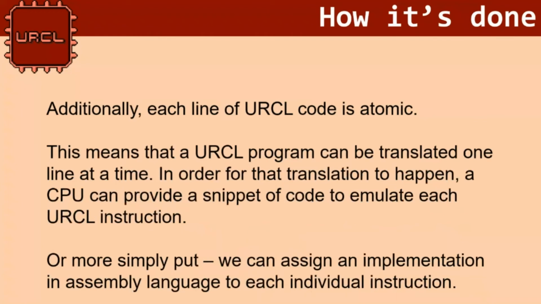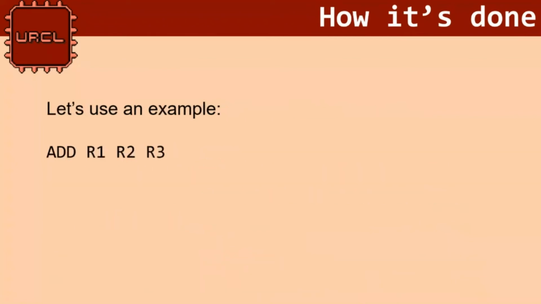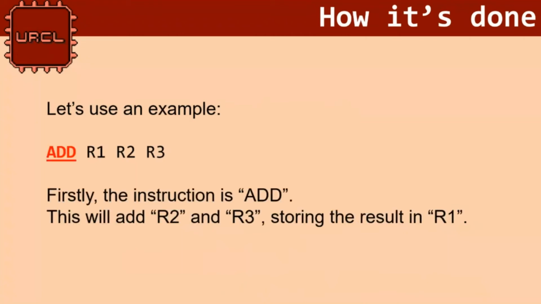Now, more simply put, we can assign an implementation in any assembly language we like to each individual instruction. So if we take an example, we have the add instruction, which operates on 3 registers, register 1, register 2, and register 3, labeled R1, R2, and R3. So the first thing to read here is the instruction. It's add.